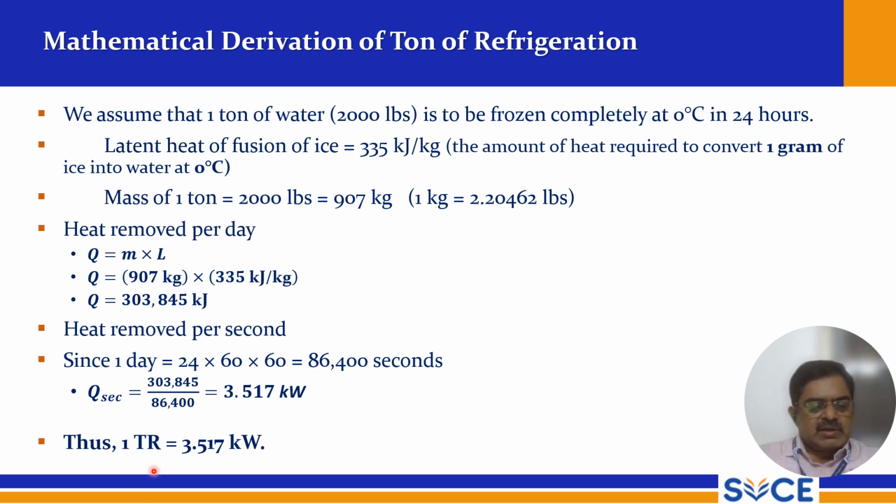So here this is nothing but 1 ton of refrigeration equal to 3.517 kilowatt. So this value also you please remember, it will be very handy. That's why in previous slide I have given you all the values. 1 ton equal to, in terms of different units I have given you. So please remember all these values.